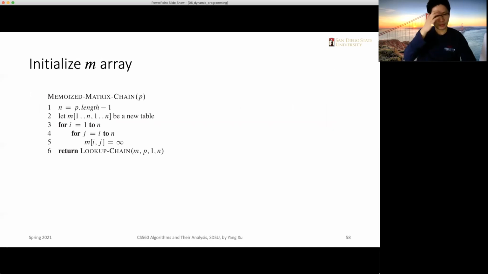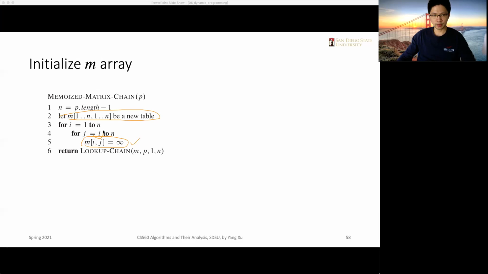This method is the first part of the top-down implementation. It basically initializes the weight matrix, and then goes through all the possible cells to initialize the cell values to infinity.